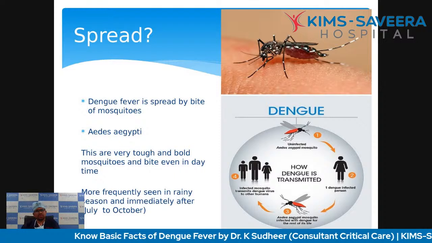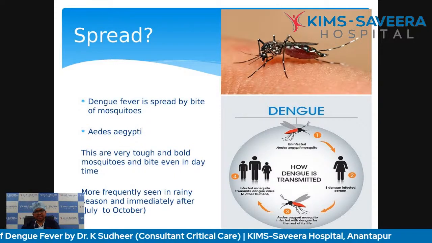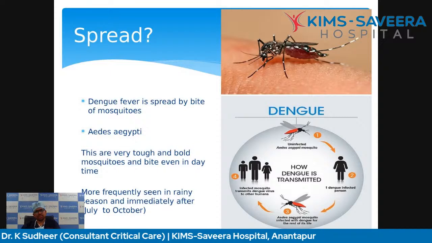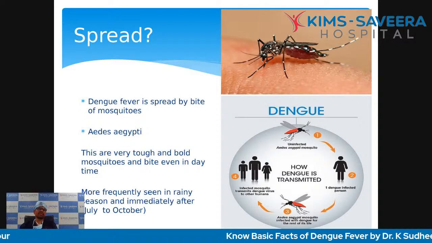More frequently it is seen in rainy seasons and immediately after, like July to October. But that doesn't mean it will not occur in summer or dry periods. It can occur in dry periods also, but we see it more frequently in humid conditions.